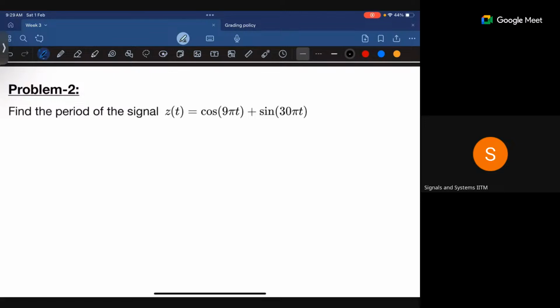Okay, so find the period of the signal z of t, which is equal to cos 9 pi t plus sine 30 pi t. Again, I will give you guys 2 minutes to solve, and then we will discuss the answer.